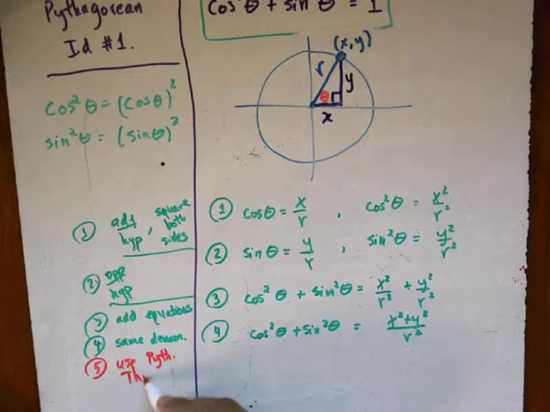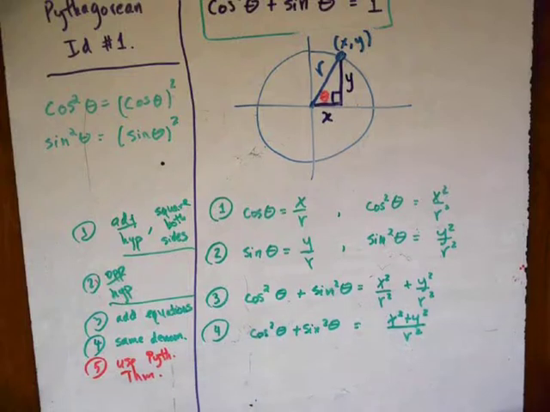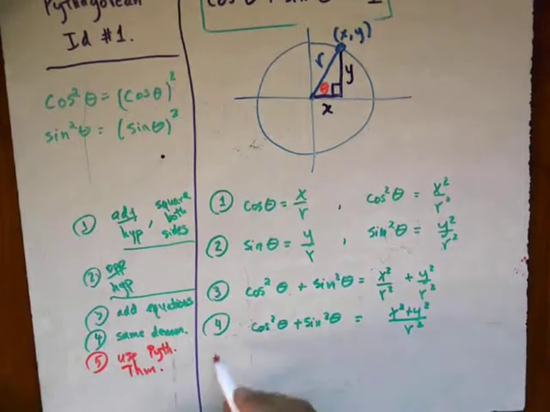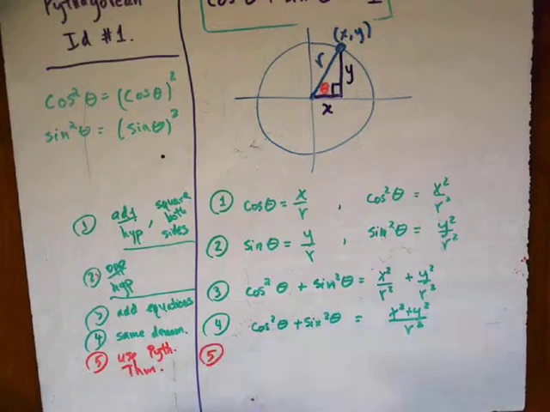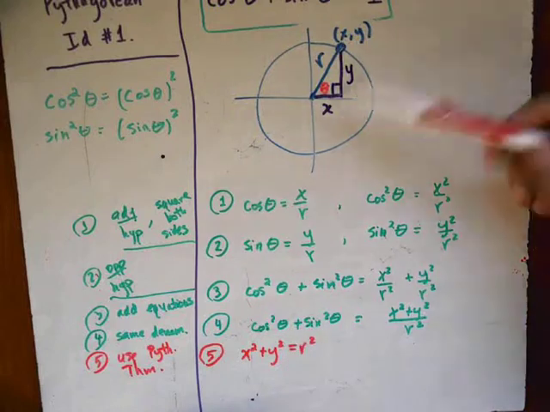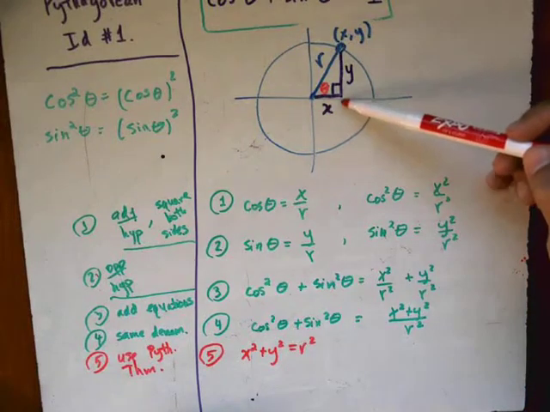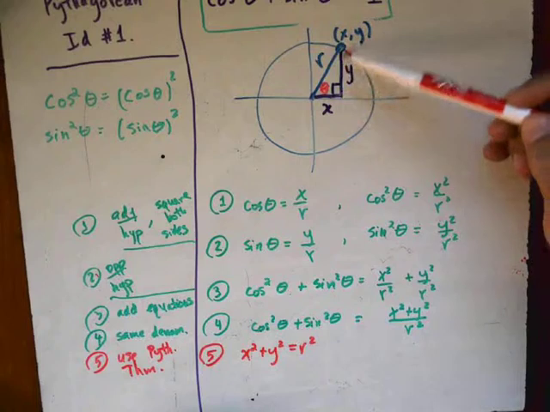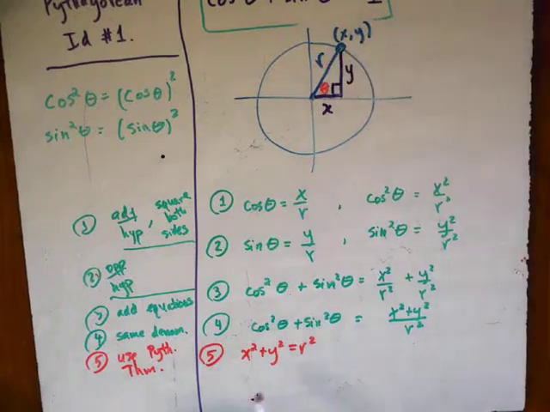There's a reason this is called the Pythagorean identity: it uses the Pythagorean theorem. In step 5, I know that x squared plus y squared equals r squared. You have one side of a right triangle, another side, and the hypotenuse, so the Pythagorean theorem tells you this.